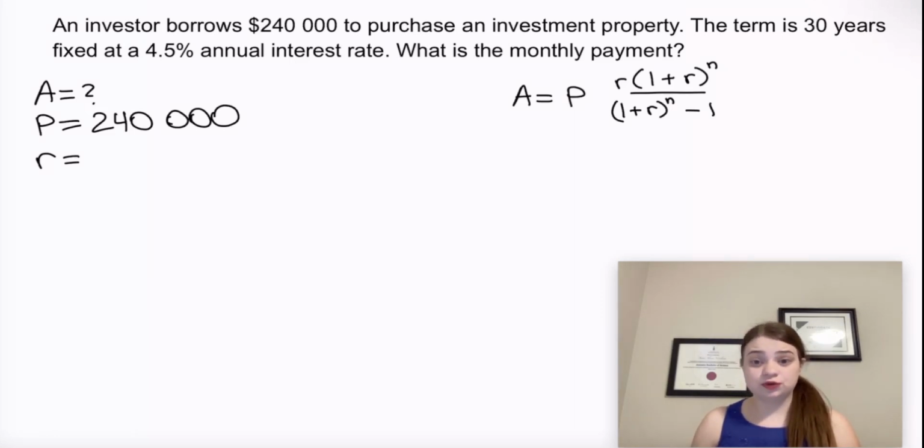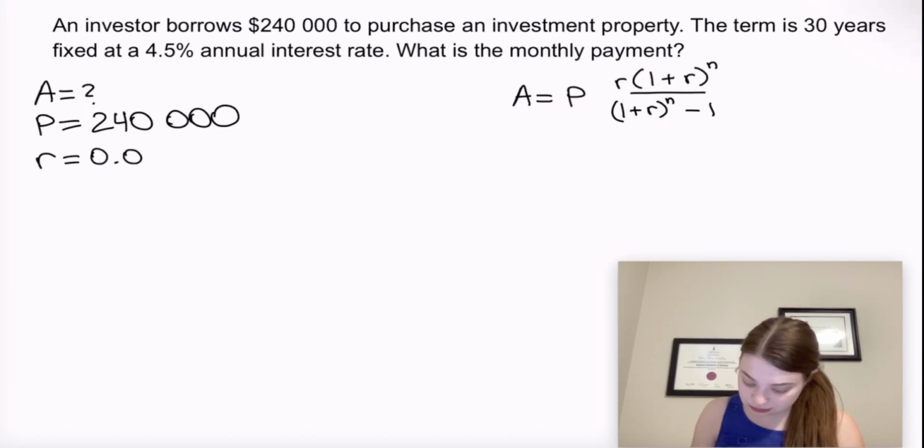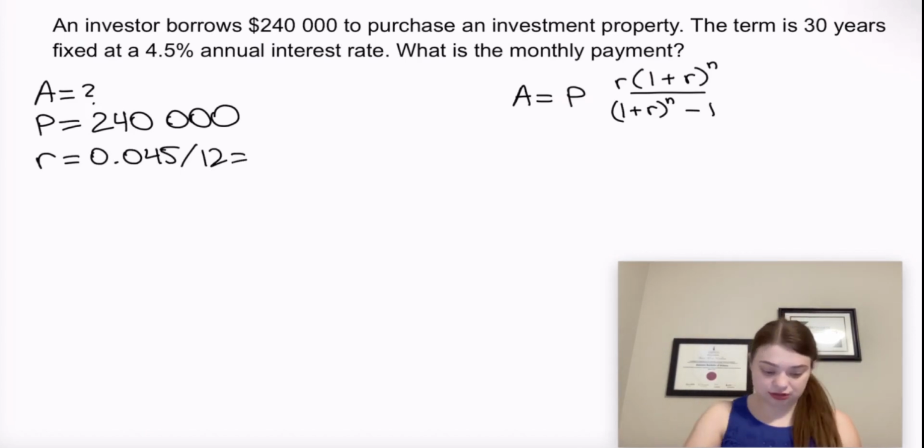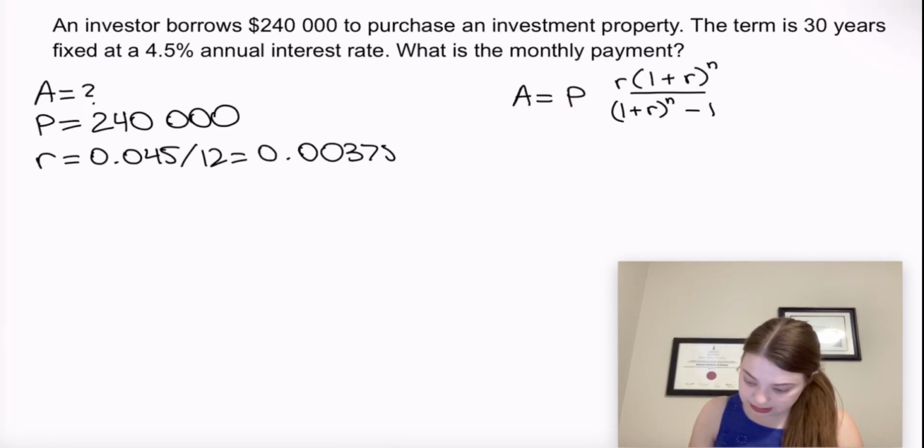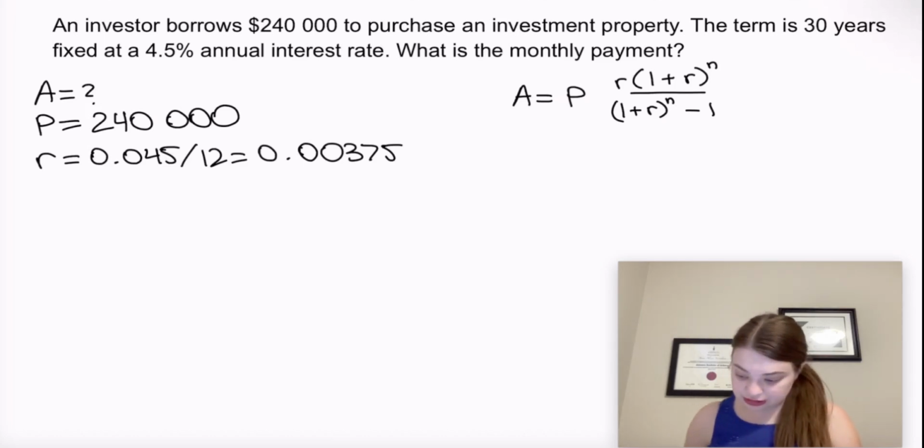It's pretty safe to assume that we need to take this amount here, 4.5%, and divide by 12 to find the answer. And that's going to be 0.00375, like that.